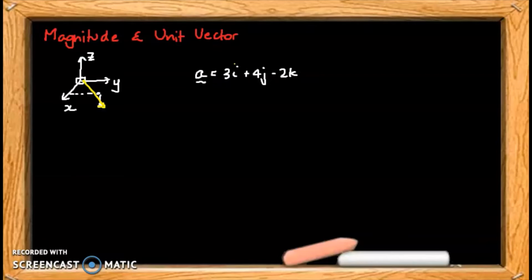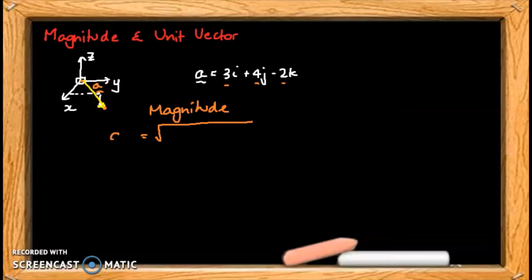Now, when we look at the magnitude of our vector, or the length of our vector, we can calculate it using Pythagoras. So the magnitude, which is the distance from the origin to the end of my vector A, equals the square root of the i term plus the j plus the k, and we square each of those terms.